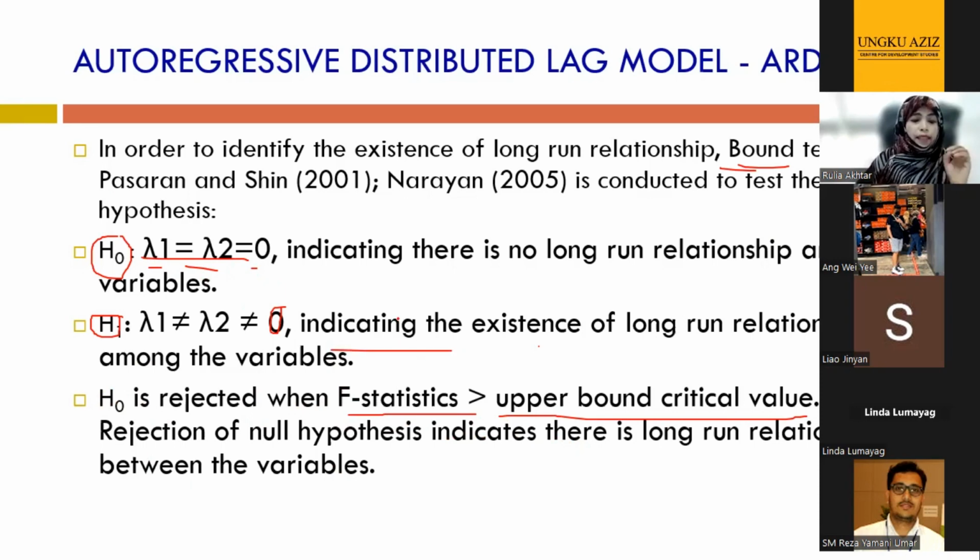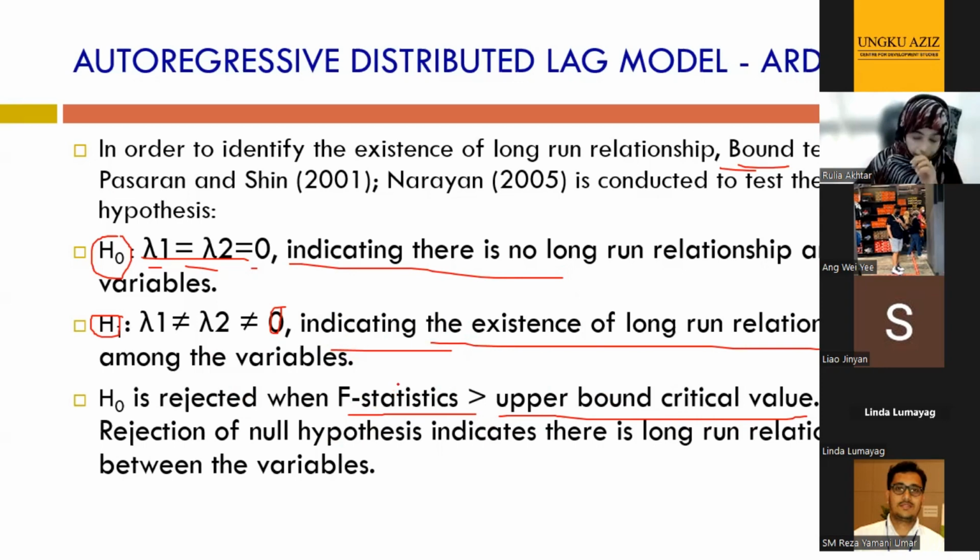So we can say that there is a long run relationship. So if the F statistics is greater than the upper bound critical value, we reject the null hypothesis of no long run relationship, so we can take this as the existence of a long run relationship.